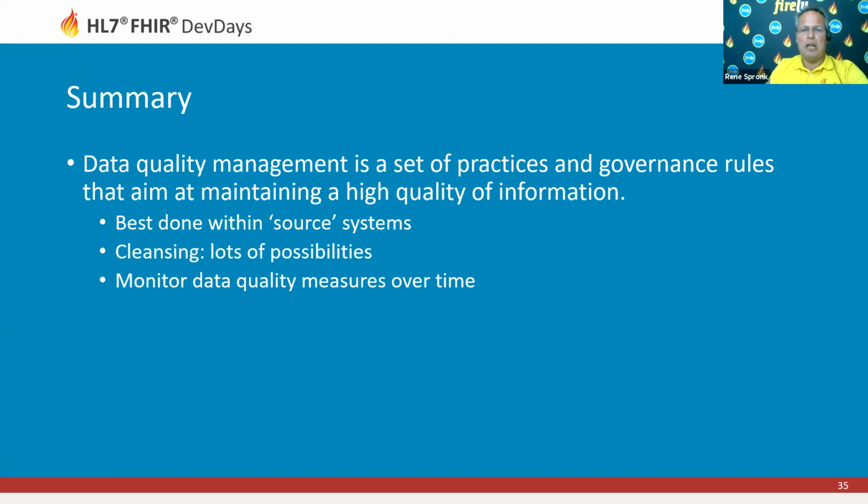So final slide summary: data quality management is a set of practices and governance rules to maintain high quality of information. Best done within source systems, as I pointed out. Cleansing and enriching, lots of possibilities, even more than I presented here. And certainly monitor the data quality measures over time so that you can see the quality of the data that you're collecting, as well as the quality of the data as you are receiving this from disparate sources.